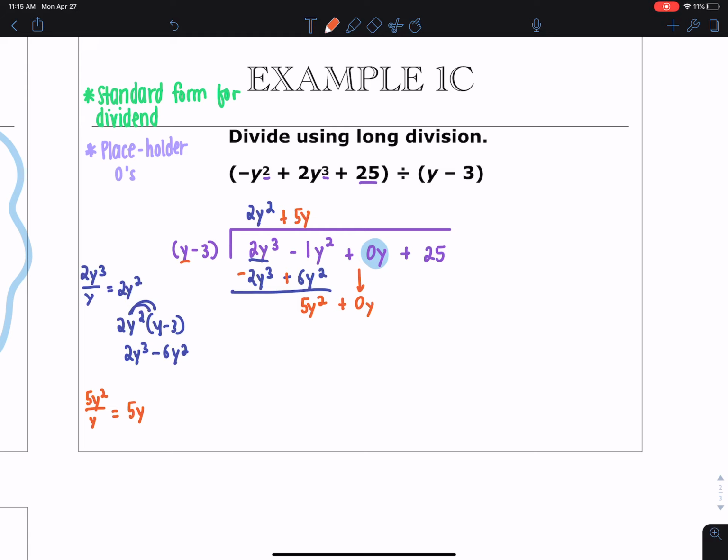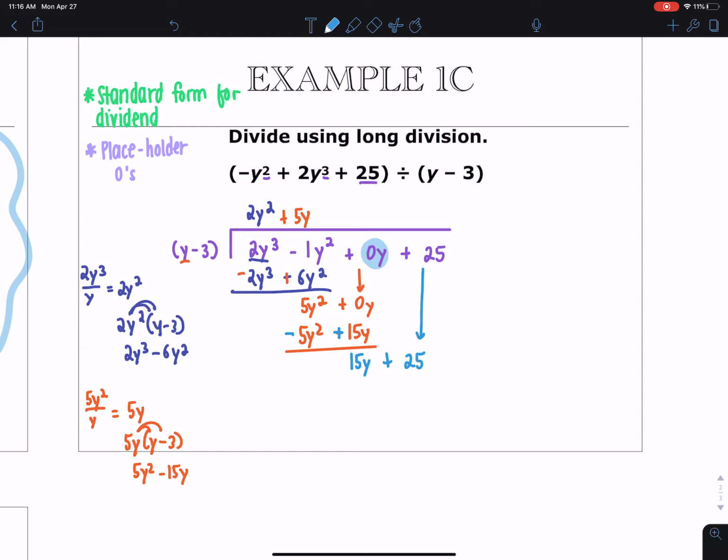So once we put something on top of our box, we have to multiply. 5y times y minus 3, which is 5y squared minus 15y. So subtract the negative, which is going to make it a positive. So we have 15y, and then bring down our next term, which is 25.